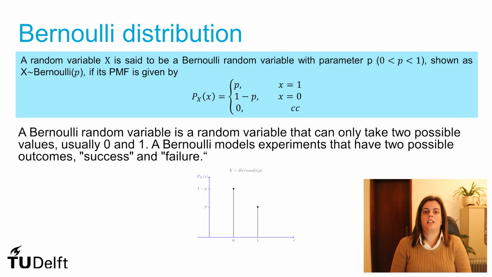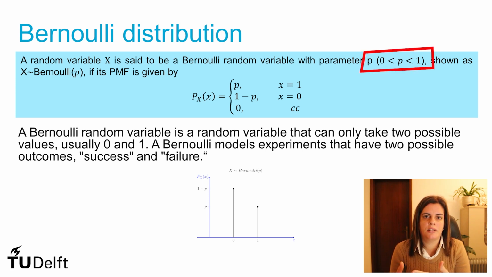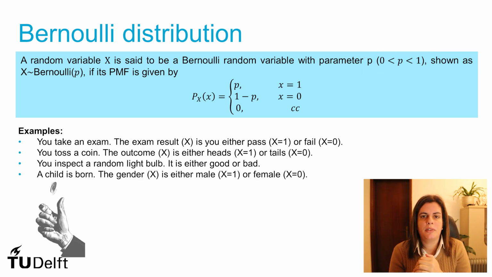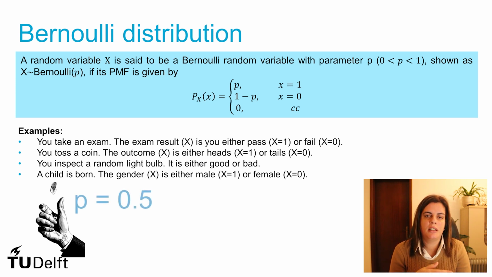So in order to define a Bernoulli random variable, we typically define the p, the probability of the occurrence of the value 1. Examples: the flip of a coin has two outcomes. One outcome has a probability of p, the other outcome has a probability of 1 minus p.